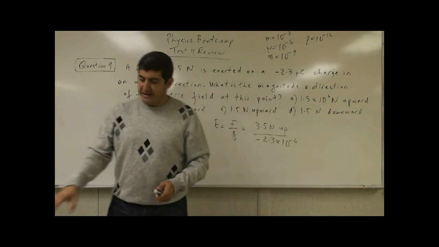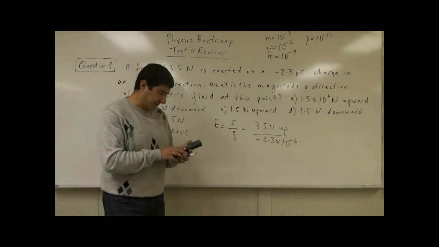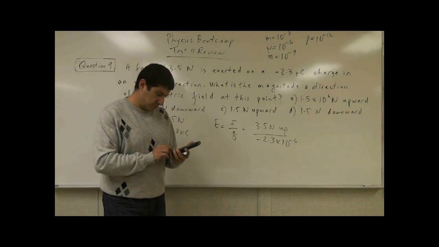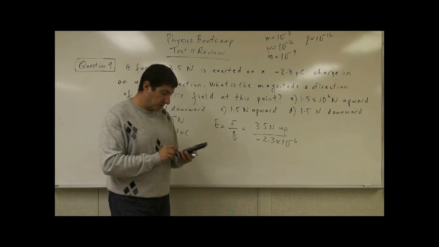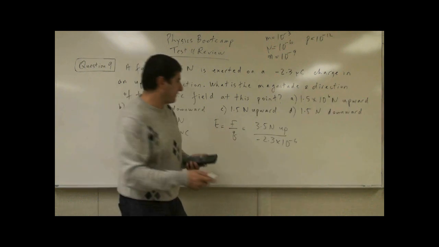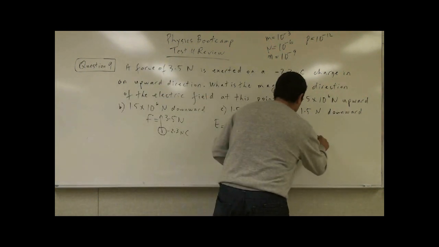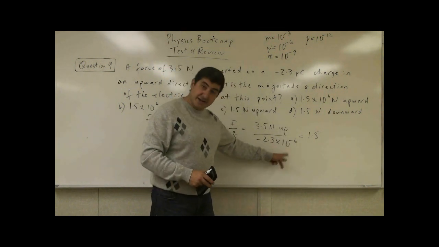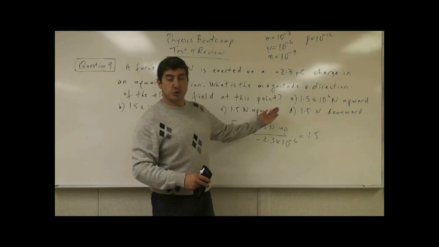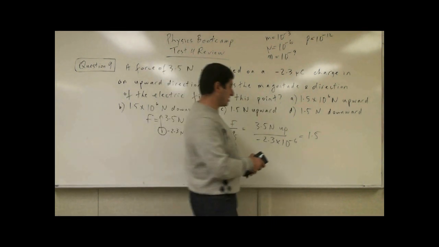Well, if I divide 3.5 by 2.3, I get about 1.5. And then since you have 10 to the minus 6 on the bottom, it goes up to the numerator and becomes 10 to the 6th.